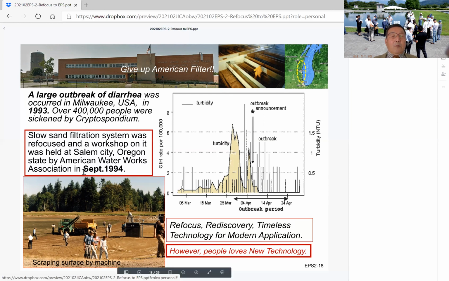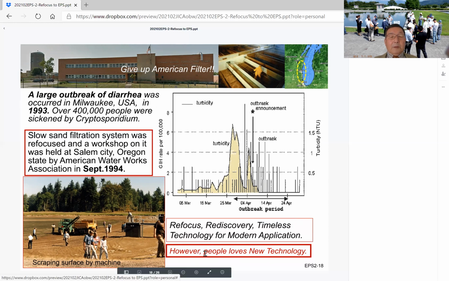Then the American Water Works Association held a workshop on slow sand filtration as a more safe system, Refocus. I attended this workshop. They said Refocus, the discovery, timeless technology for modern application.